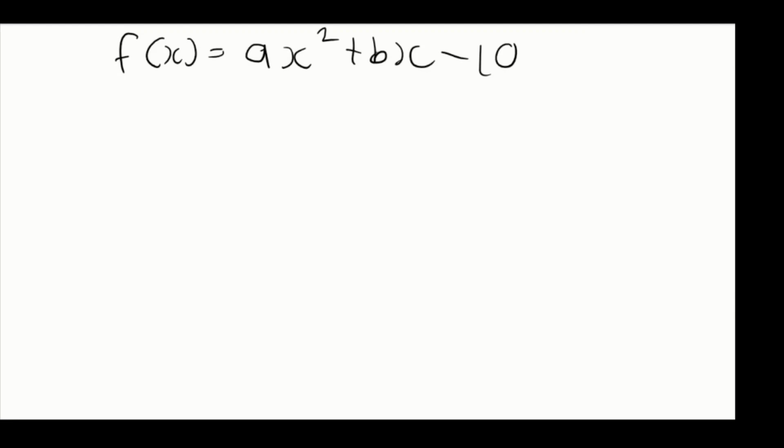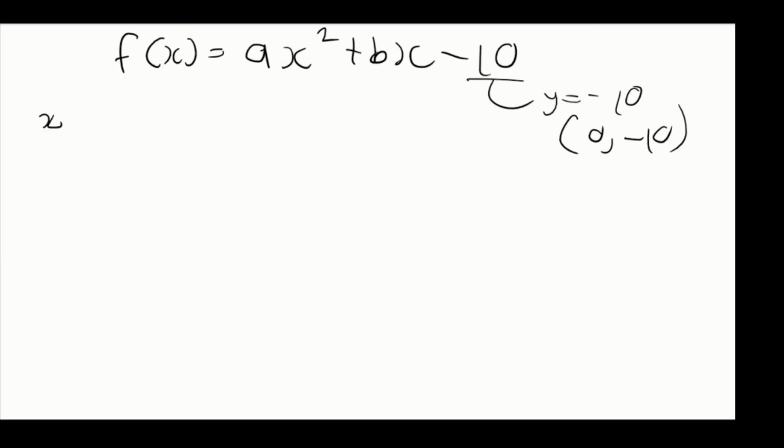So to find our equation of f, we know very well that f of x is equal to ax squared plus bx minus 10, meaning that our y-intercept is actually y equals minus 10. So in coordinate form it's (0, -10).